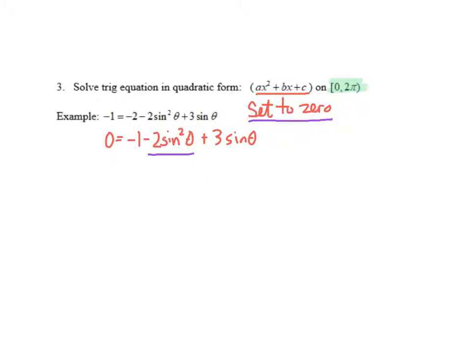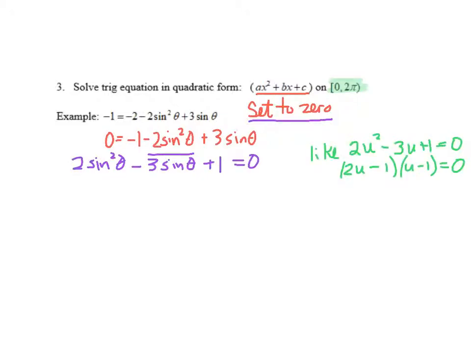So in this case, we're going to solve that problem by writing everything on the left. Notice as you move terms to the left, they change sign. So now we have a positive 2 sine squared theta minus 3 sine theta plus 1 equals 0. Now at this point, notice I've written in green on the right.